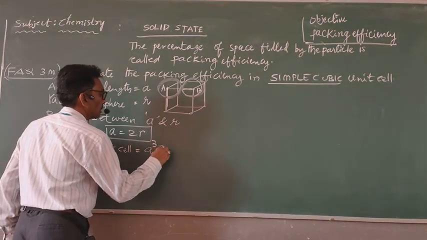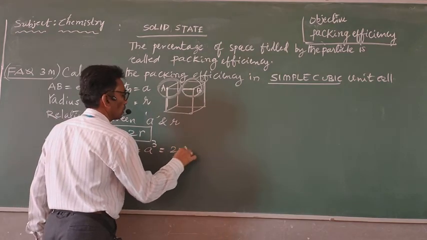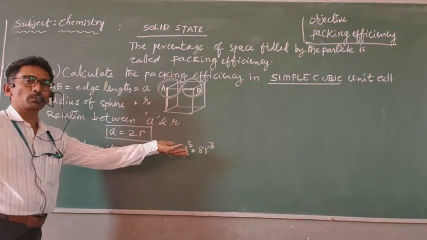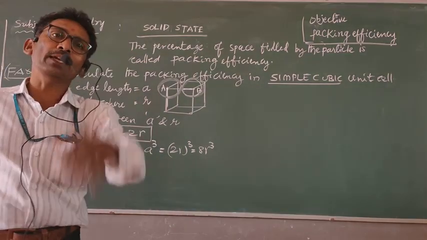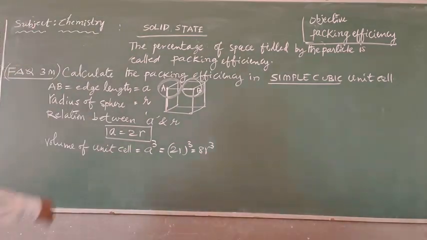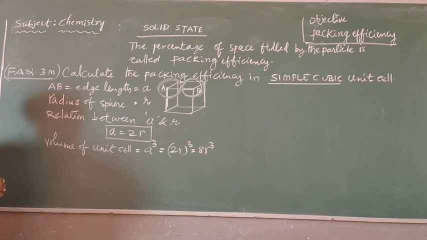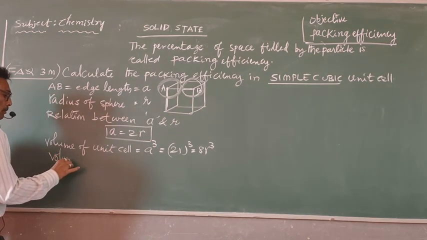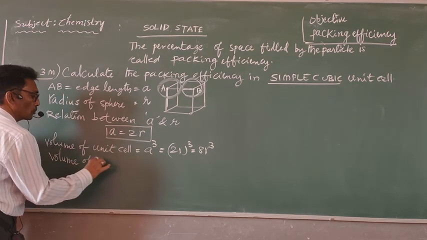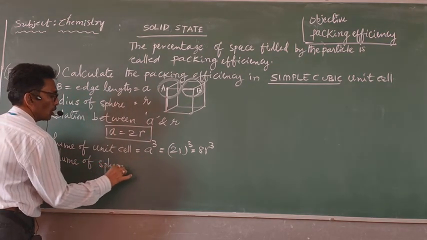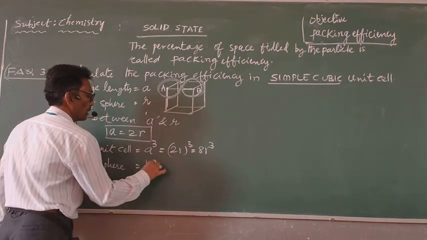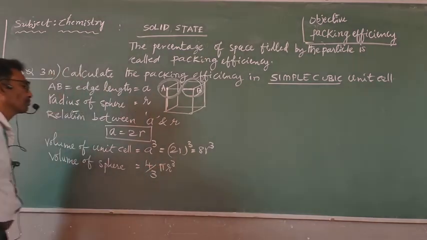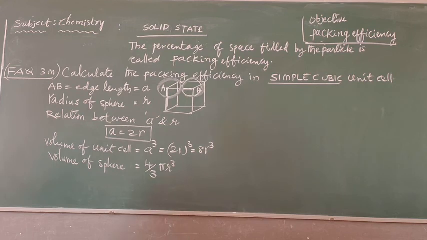Substituting from above, 2r whole cube, that is equal to 8r cube. If you are comfortable, simplify here; if not, simplify at the end of the solution. Next, volume of the sphere. This is the knowledge from mathematics, a well-known formula: 4/3 pi r cube, where r is the radius of the sphere.